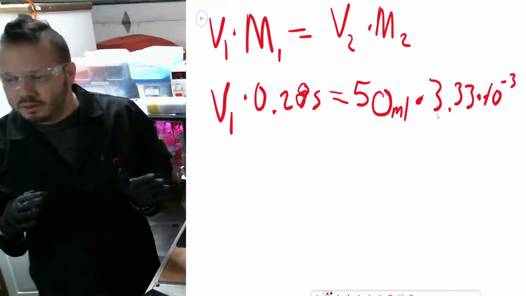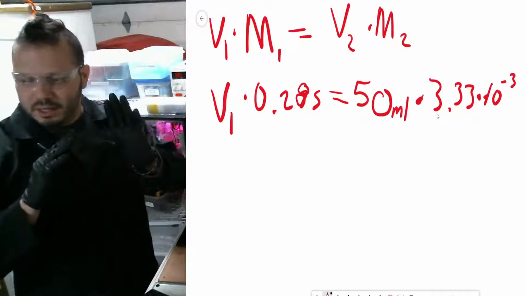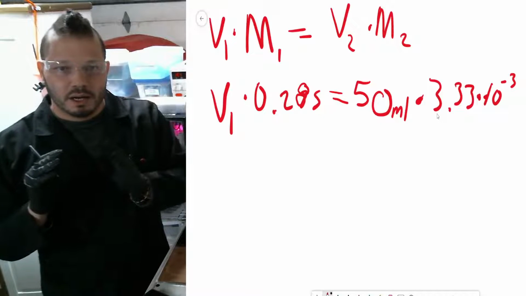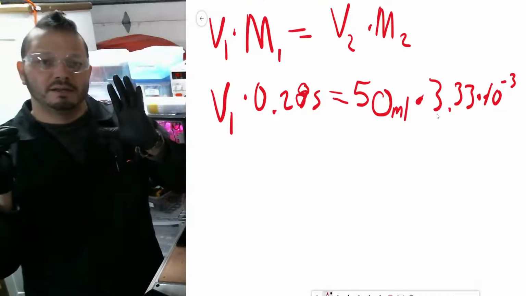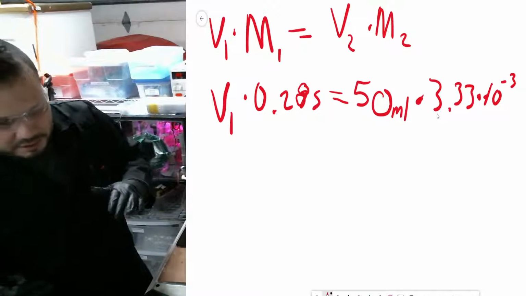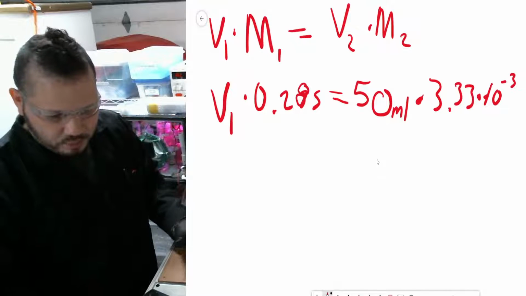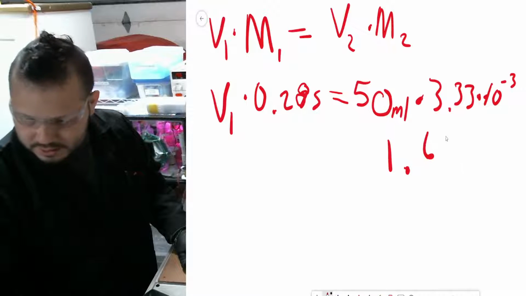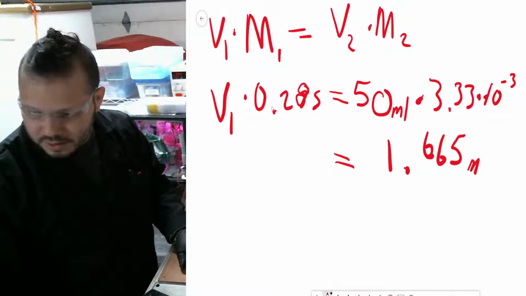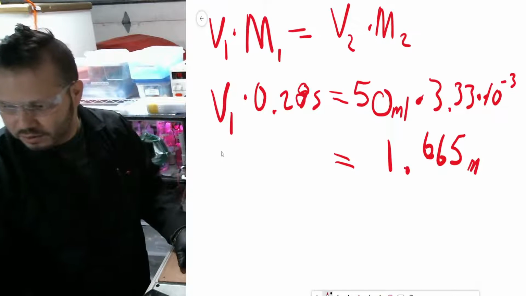First, I'll calculate 3.33 times 10 to the negative 3 times 50 milliliters, and what that gets me is roughly 1.665.